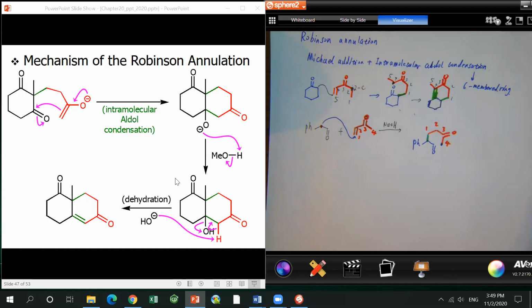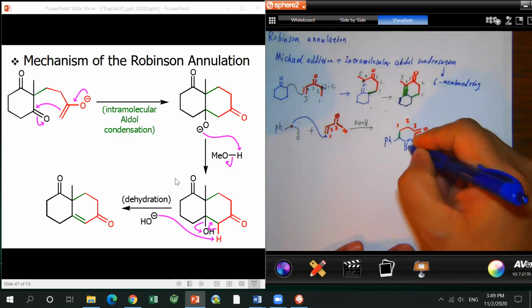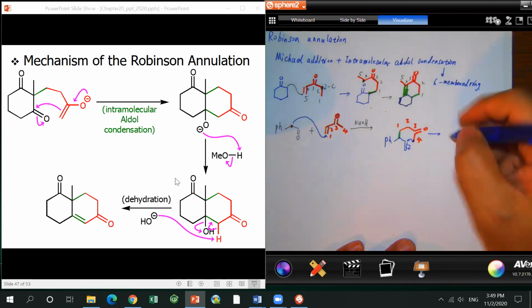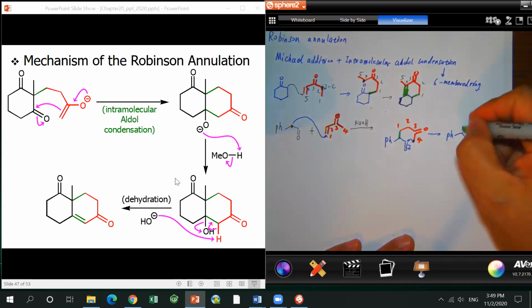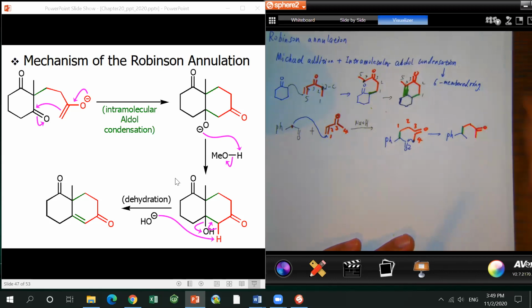And then you can have the aldol reaction, the aldol condensation reaction happen, okay. So eventually you lose one water, okay. All right, that's the bond. So that's the final product, okay.